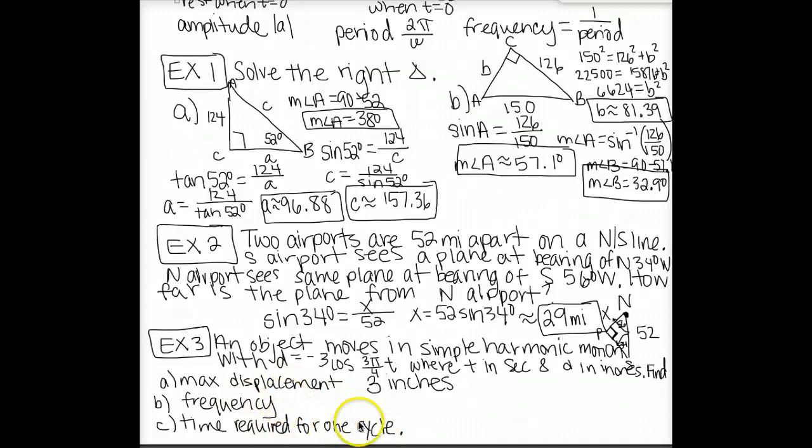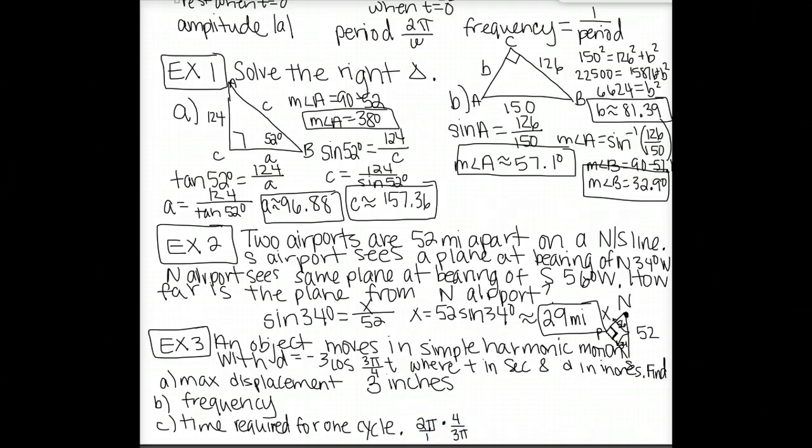I'm actually going to do the frequency last because, as we wrote in our notes, frequency is 1 over the period, or the reciprocal of the period, and C is asking for the period, because that's what time required for one cycle is. So the period is 2 pi divided by our Greek letter, which in this case is 3 pi over 4. So we have 2 pi, and we're dividing it by 3 pi over 4, which means really we're multiplying it by 4 over 3 pi.